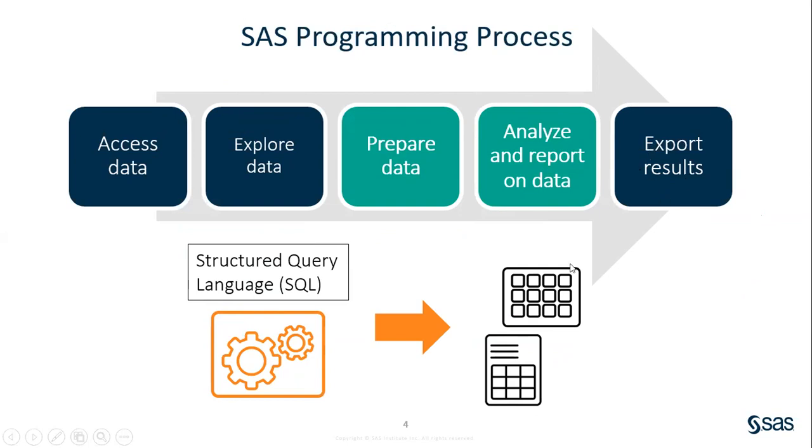Apart from this, you can also query your data by using SQL. So SQL can perform all these tasks of your data step and various proc steps which you got introduced to, from data accessing to exporting. Same process we can do by writing SQL queries to generate tables and reports.